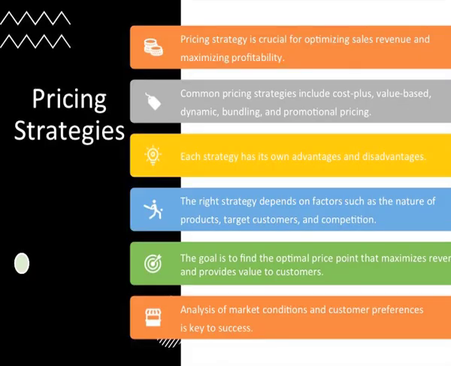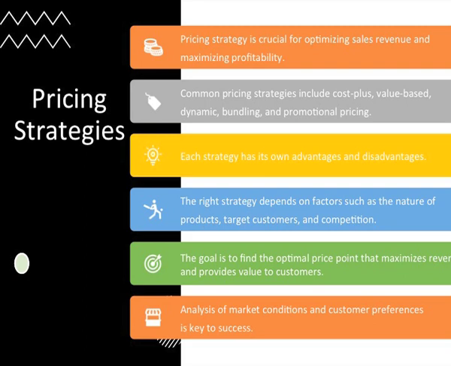Next is pricing strategy, which is a critical aspect of any business, including the tourism industry. It involves determining how to price the product or service in a way that optimizes sales revenue and maximizes profitability. In the tourism industry, pricing strategy is particularly important as tourists are often looking for the best value for their money.